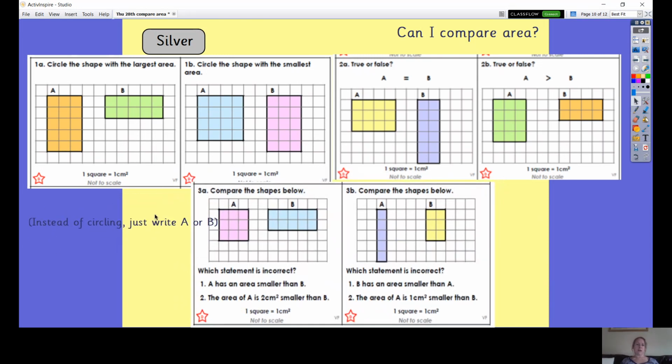Don't guess. Make sure you write which one has what area. You can't write on the shape, can you, silly me, because you haven't got the sheet. You can write A equals whatever and B equals whatever and then circle the one that has the larger area. And then here there's some true or false ones, so you can just write if they're true or false, and then there's some comparing ones at the end, to work out, just as we did before, which statement is incorrect. So you can pause here and have a go at that one.